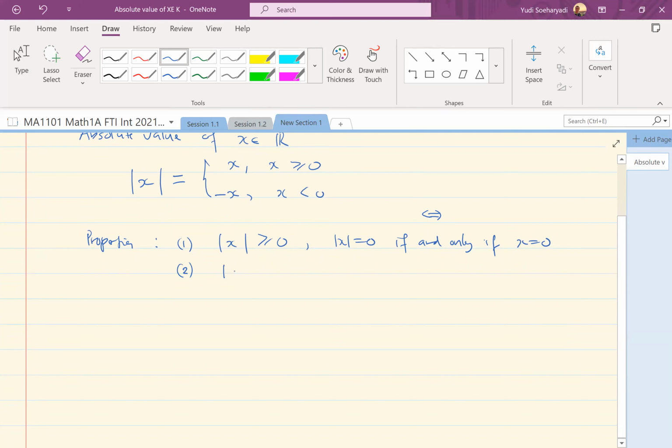The second is that if you have a product of x and y and take the absolute value, then it's the same as the product of the absolute values. The third is that you can plus or minus, it doesn't matter, and you have this inequality.